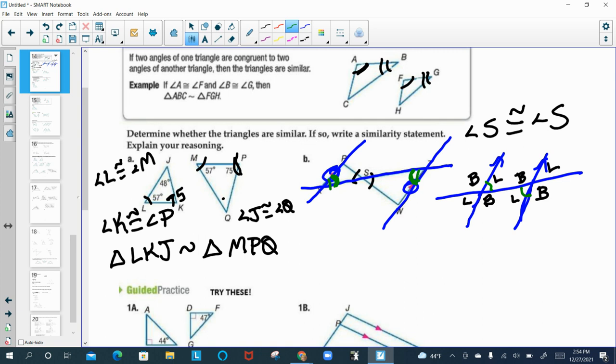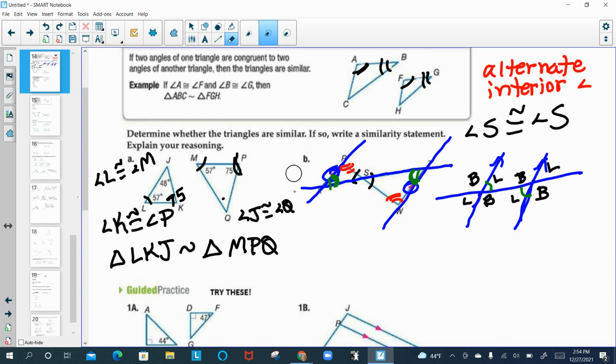And the same thing would happen over here with the R and the W. So because these lines are actually parallel, we have alternate interior angles, which means we have angle-angle similarity.